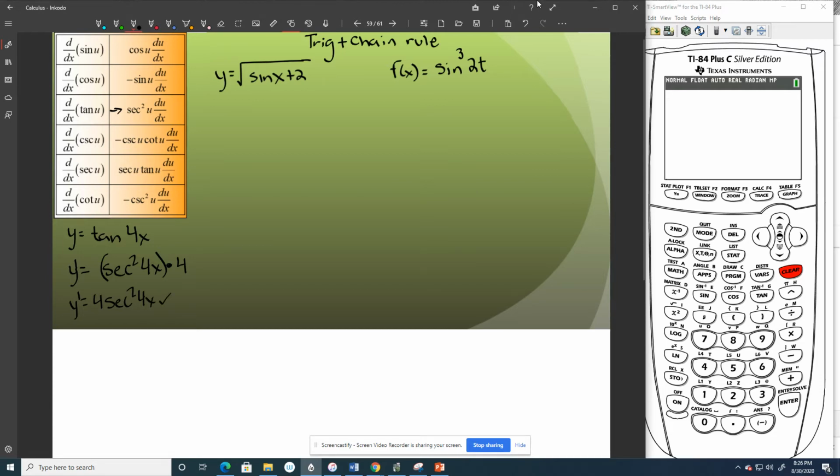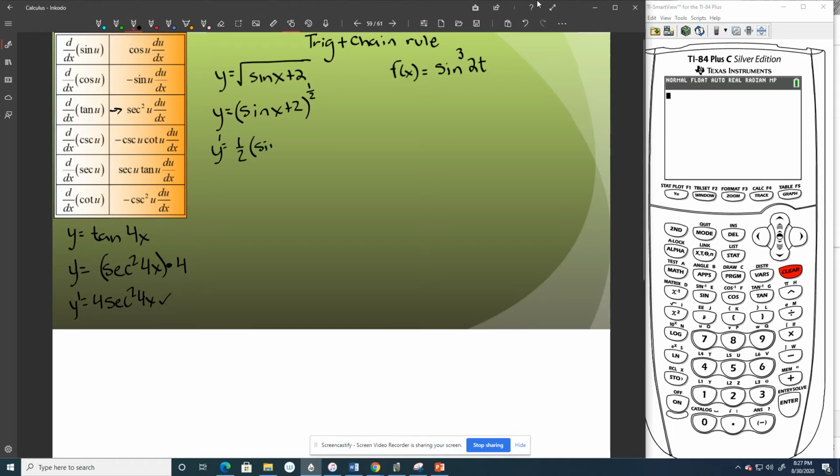Okay. How about this? Root sine of x plus 2. Can't really do much deriving when I have a square root. So let's rewrite this first as sine of x plus 2, but let's raise that to the 1/2. Remember that root can go up top as an exponent. So now if I take the derivative of the outside, that brings the 1/2 in front.